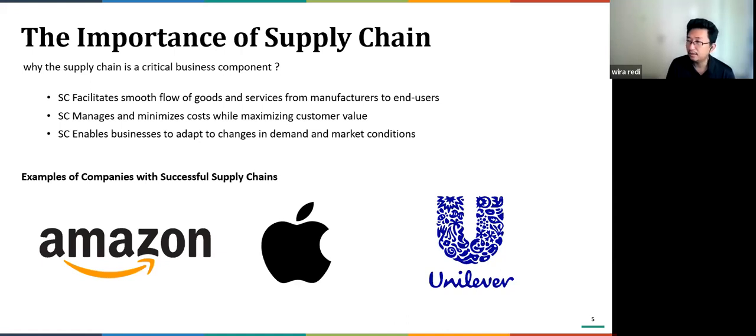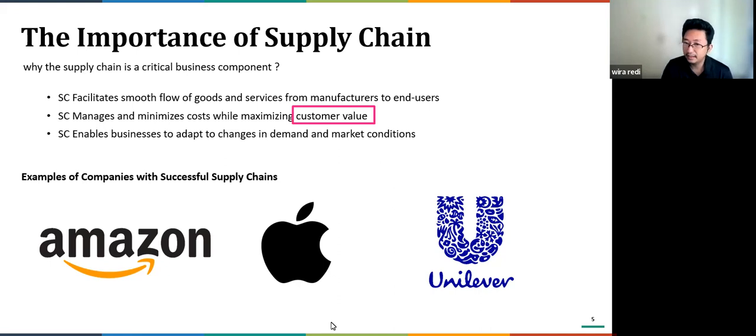And if you can minimize the cost, you can maximize customer value. So this is another term, customer value. Okay, customer value is something like how your end customer, which I mentioned earlier, the one that consumes your products at the end of the chain, values your product.